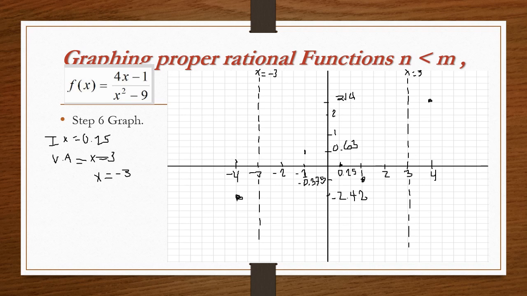It says from negative infinity to negative 3 is under the x-axis. So here we have like a little ear. Then we have from negative 3 to 0.25 at the top. And it says from 0.25 to 3 at the bottom.